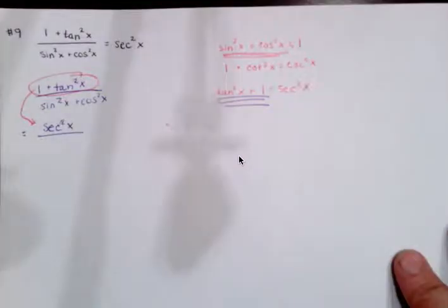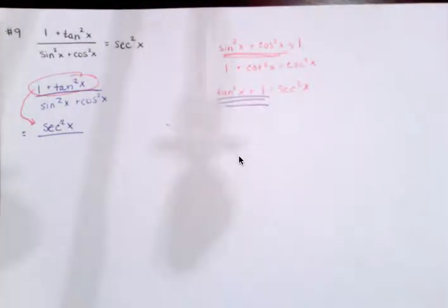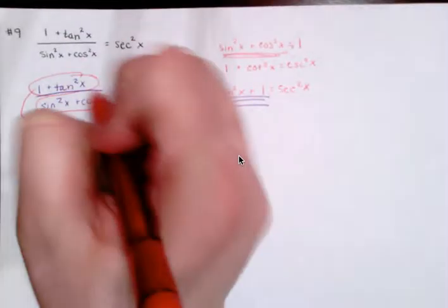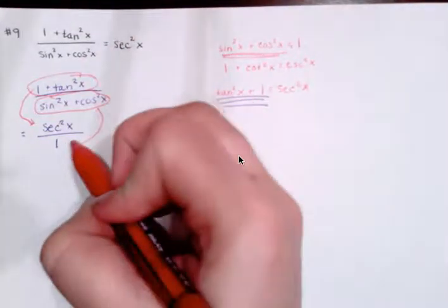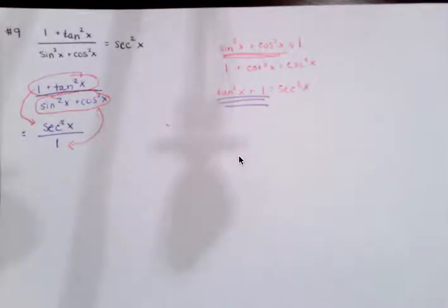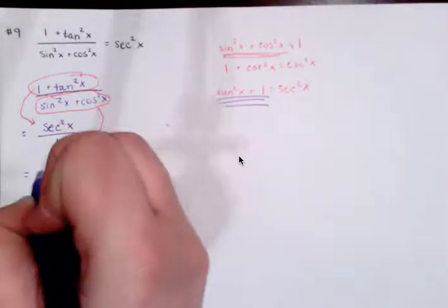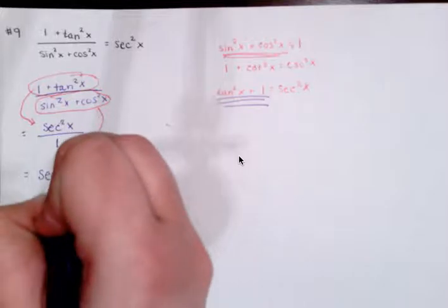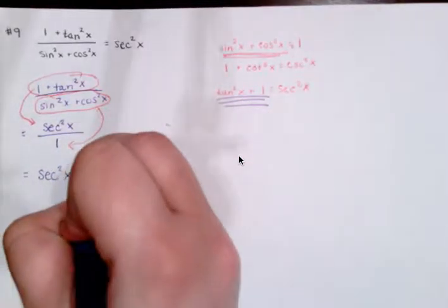Hey, that is our main Pythagorean identity that we need to know. We know that's equal to 1. So all of this could be rewritten as 1. Well, then anything divided by 1 is just itself, so I end up with secant squared of x, which is where I wanted to end, so that proof is done.